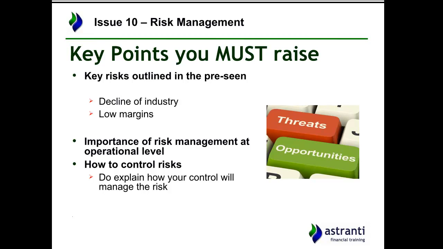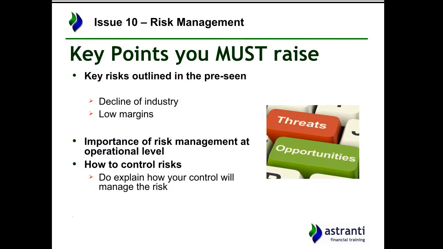Things are changing, and that obviously poses a risk because we can't just assume business as usual anymore. In addition, the company has quite low operating and net profit margins, and that's a real area of weakness for them. So those are just two of the key risks, but those I think are the most salient risks that would be likely to come up in an exam scenario.